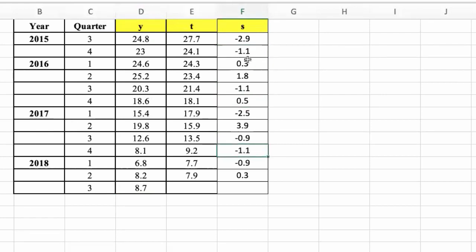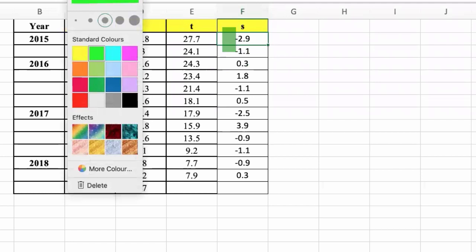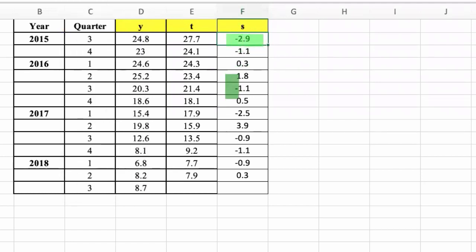So what we need to do is get an average quarterly seasonal variation for each of those quarters, and we're going to use those to help us forecast 2019. So all I need to do is get a figure for the quarter 3s. I'm going to add those up and average them.